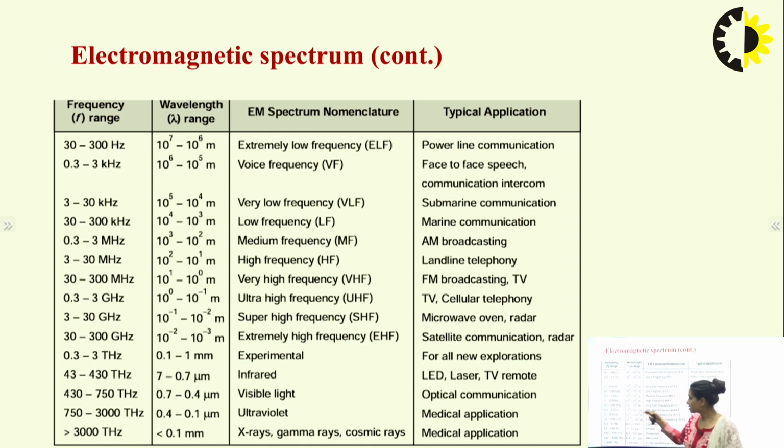We can see 3 to 300, then hertz to kilohertz, kilohertz to megahertz, how it proceeds, right? Very high frequency is 30 to 300 megahertz, ultra high frequency is 0.3 to 3 gigahertz, super high frequency is 3 to 30 gigahertz, and extremely high frequency is 30 to 300 gigahertz.